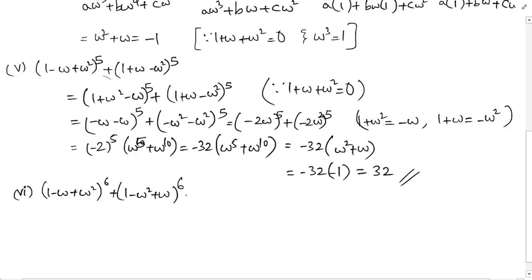So now we'll move on to the sixth bit, that is (1 minus omega plus omega square) to the power 6 plus (1 minus omega square plus omega) to the power 6.